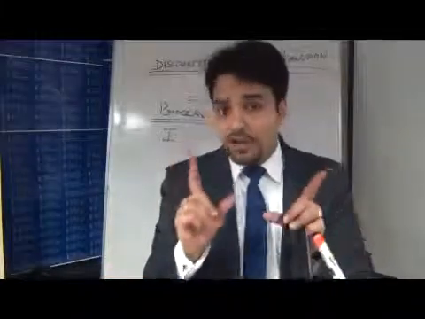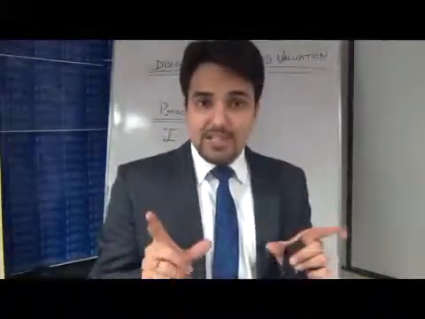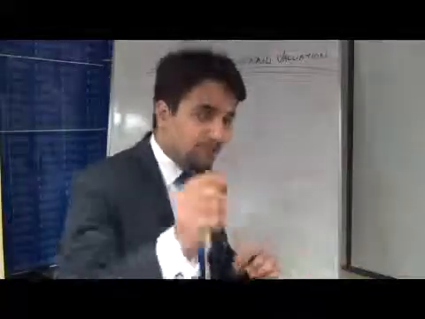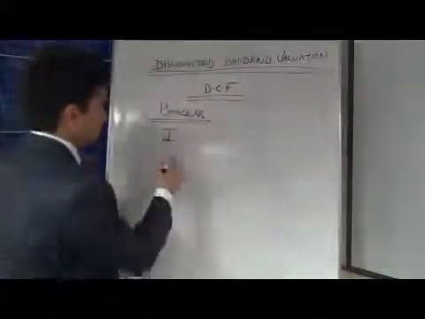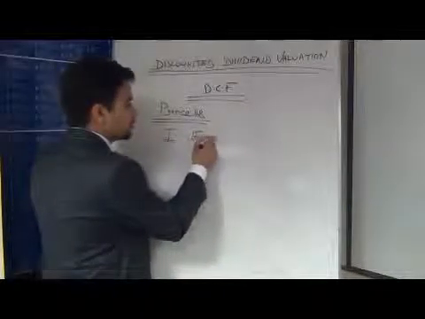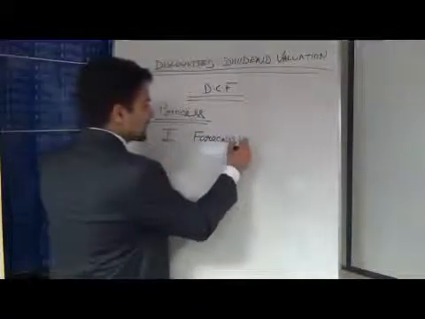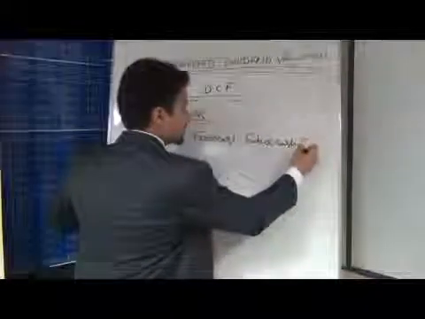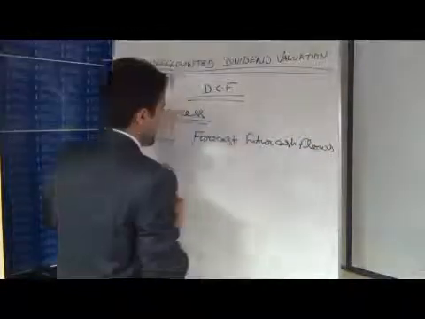So I'll repeat: value of any security is nothing but the present value of all future cash flows. If you apply that definition and convert it into steps, firstly, you need the future cash flows. The first step should be forecast future cash flows. Well, how do you do that?